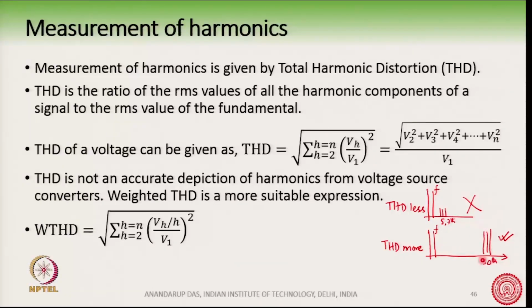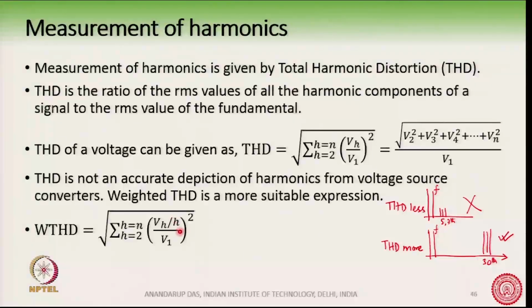So, THD is not an accurate depiction of harmonics from a voltage source converter. Instead, we use weighted THD. It is more suitable, where the weight of the harmonics, that is the position of the harmonics, has a role to play. So, the higher it goes, the lesser the contribution.